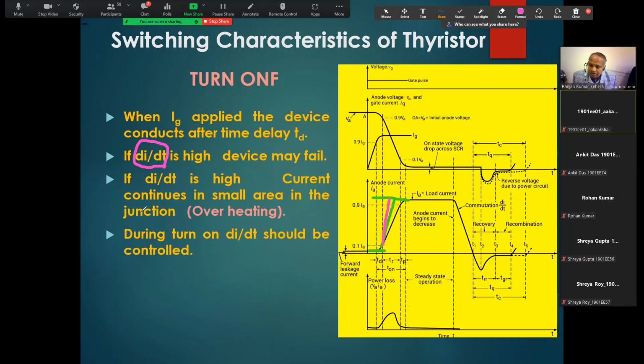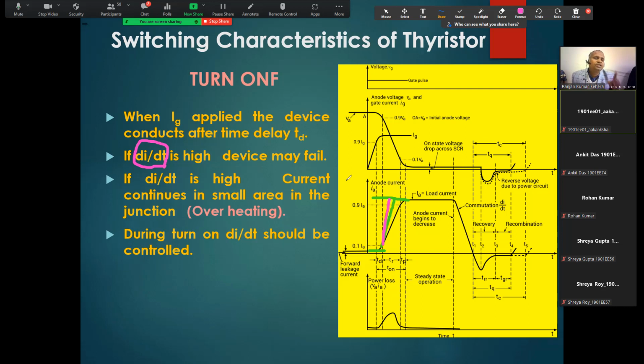And this current will increase the junction temperature of the J2 junction, not J1 and J3. They are both forward biased, keep in mind. They are already in the conduction state, so they don't require it.